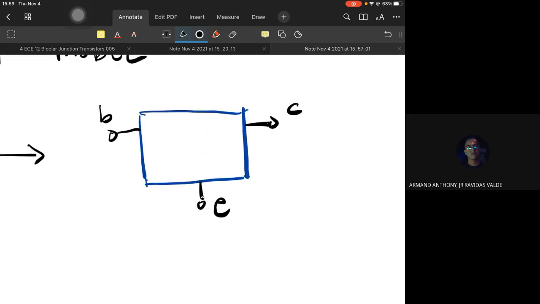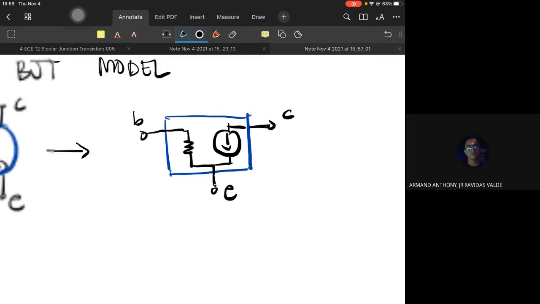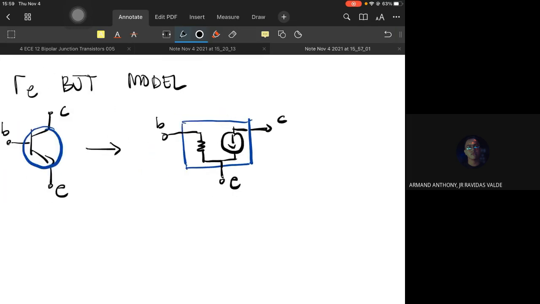So the RE model would utilize a resistor and a current source. This is the model for our BJT.